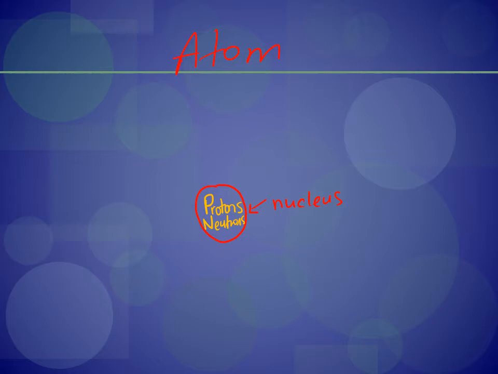Outside of the nucleus, you have rings that we call electron shells. On these rings, you are going to find your electrons, and electrons are drawn as symbols with just filled in circles.